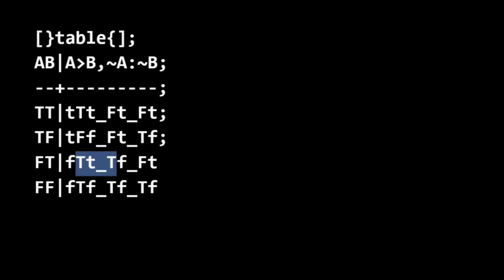So this is significant to the claim that the argument is making. It's significant to the definition of validity. And the claim of the argument is under every interpretation where the premises are true, the conclusion is true.